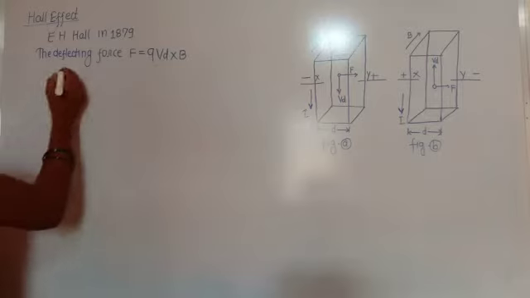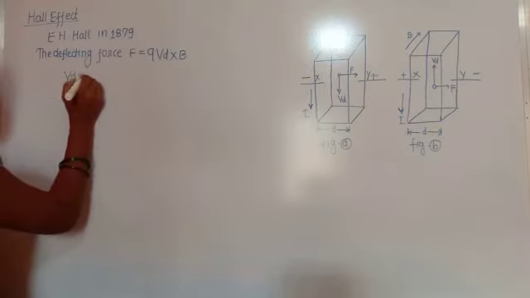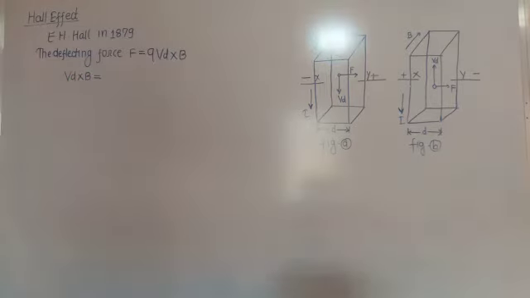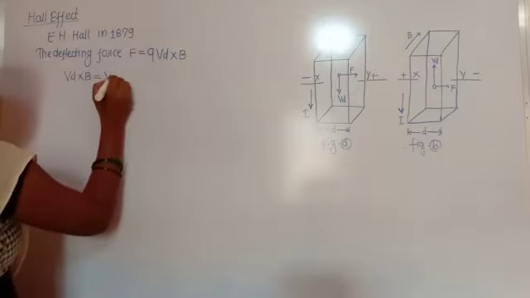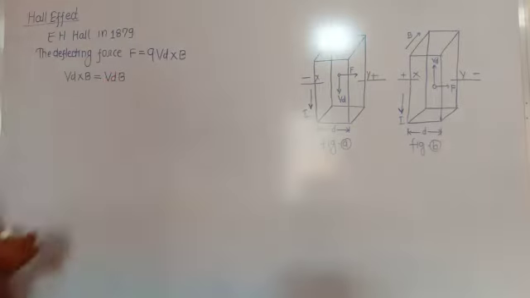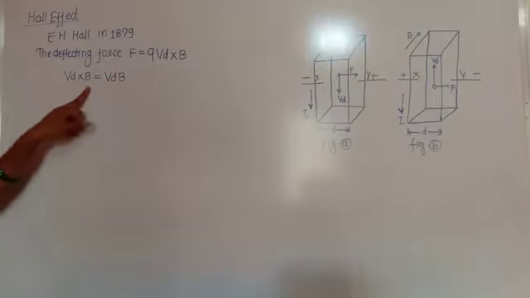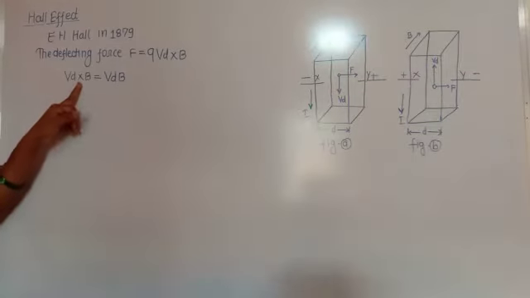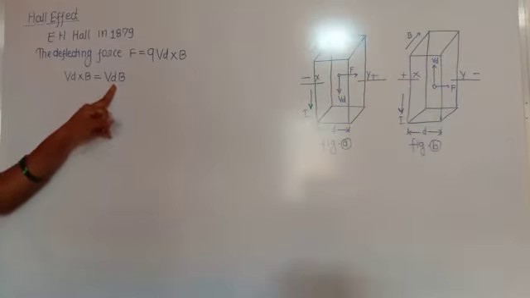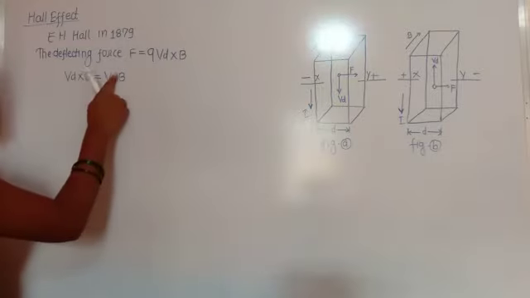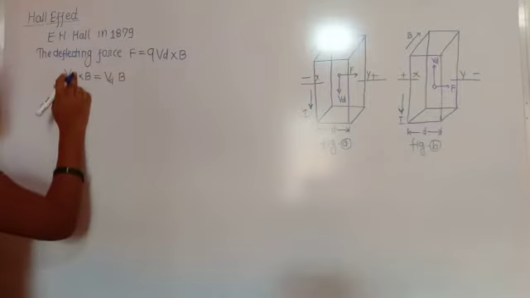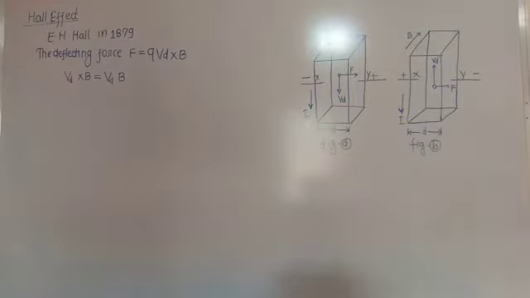Therefore, Vd cross B is equal to Vd into B, because B and Vd are at 90 degrees to each other, so we can remove the cross product and write it as a simple product. This Vd is nothing but the suffix of the V.